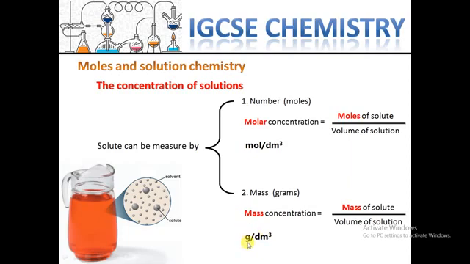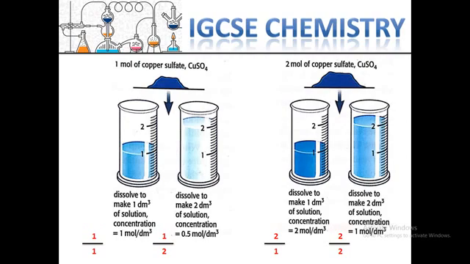So look at the next slide. This shows you an overview of concentration. What is the concentration? Here, if we have 1 mole of copper sulfate and we put it in 1 cubic decimeter of solution, you will have 1 divided by 1.